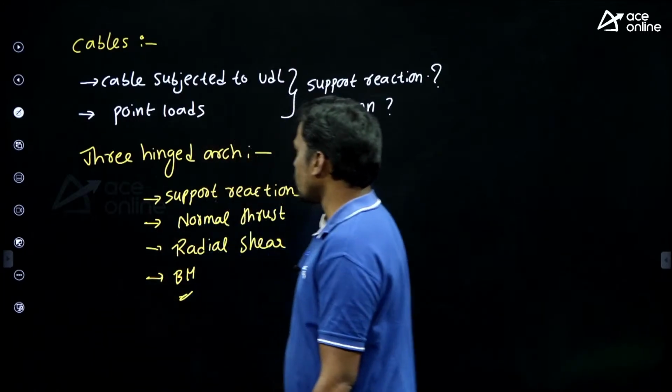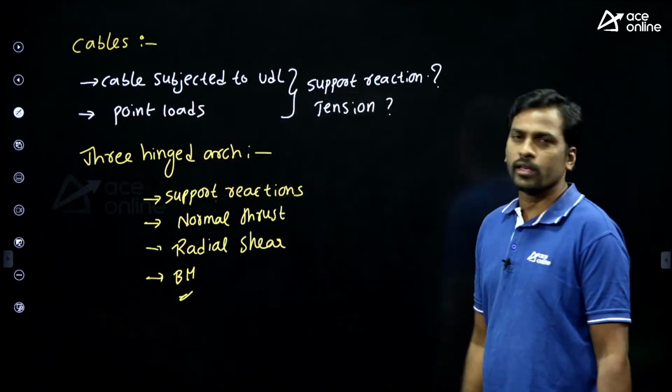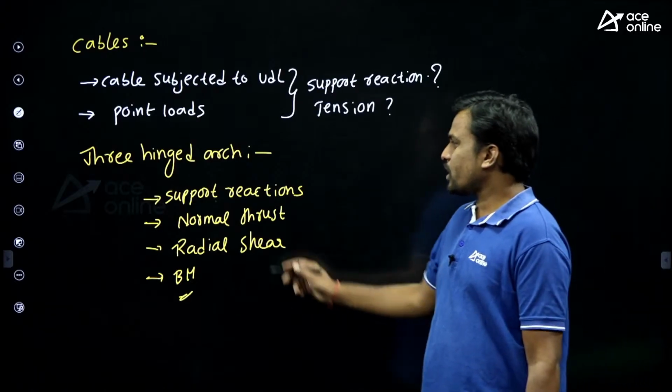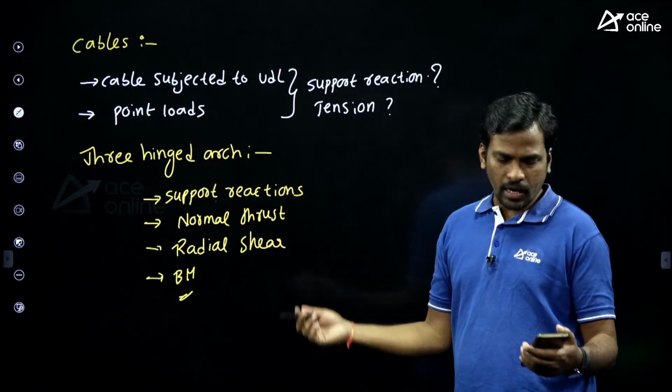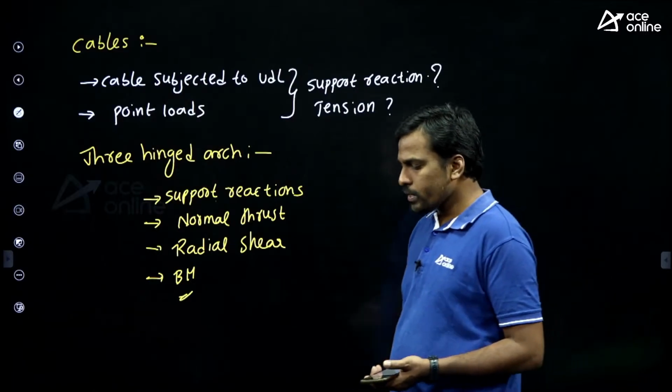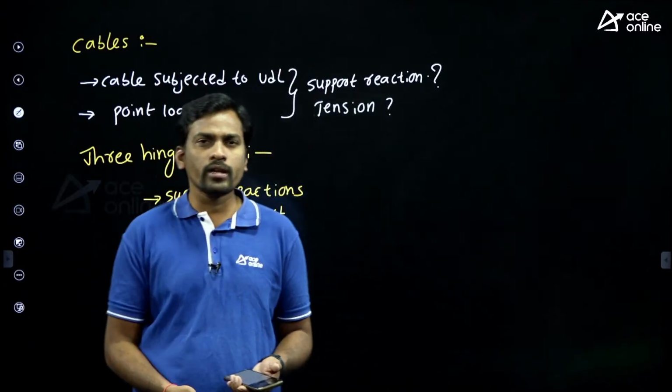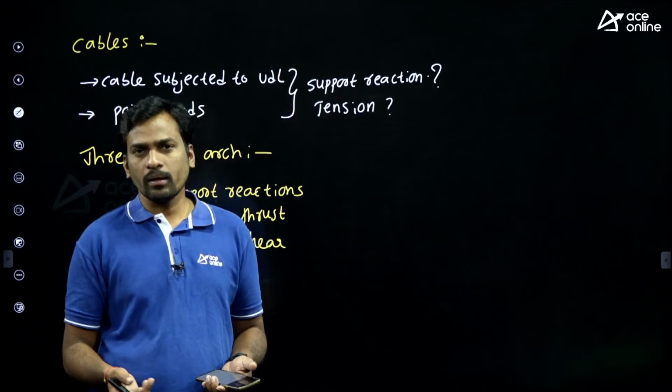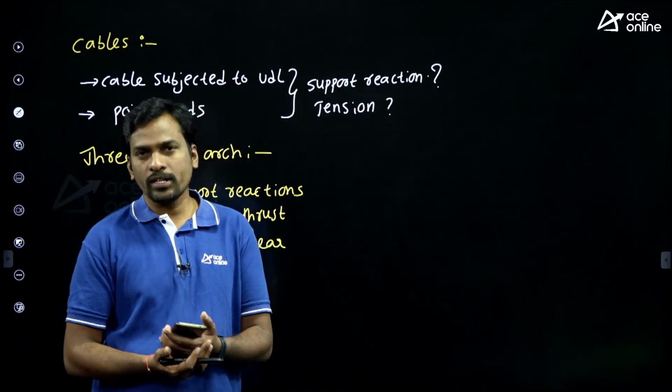So these are the important topics in three-hinged arch. Analysis of three-hinged arch is very simple, right? Because it is a statically determinate structure. The problem is with two-hinged arch, because to analyze the two-hinged arch, it will take more time, as it is a statically indeterminate structure.